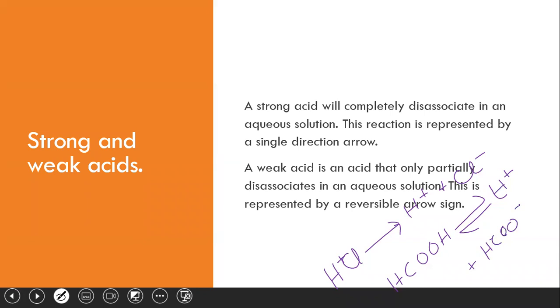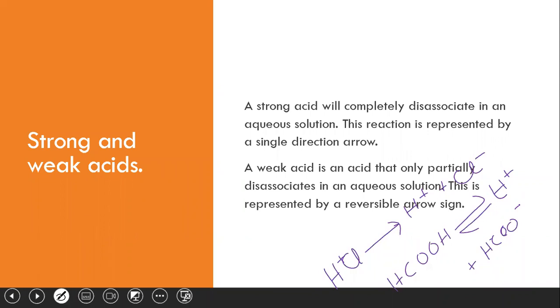This is methanoic acid. So methanoic acid is dissociating to give me hydrogen ions and methanoate ions, right? So weak acids are a reversible reaction because they're only partially dissociating. So the hydrogen ions can combine back with the methanoate ions and they can give back your methanoic acid. So this is a strong acid and a weak acid.